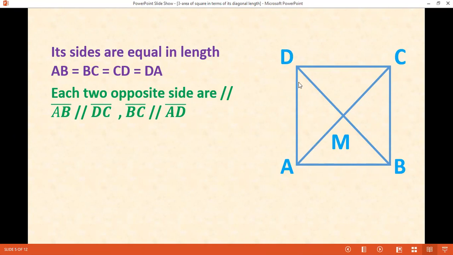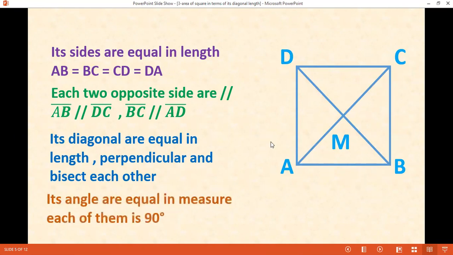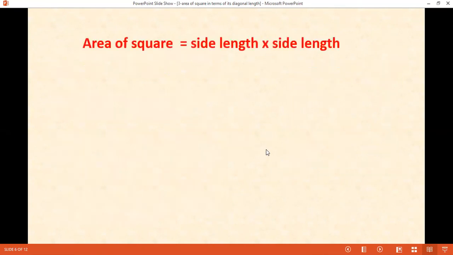The two diagonals are perpendicular, as we talked before. The diagonals are equal in length, perpendicular, and bisect each other. Its angles are equal in measure, each angle equals 90 degrees.